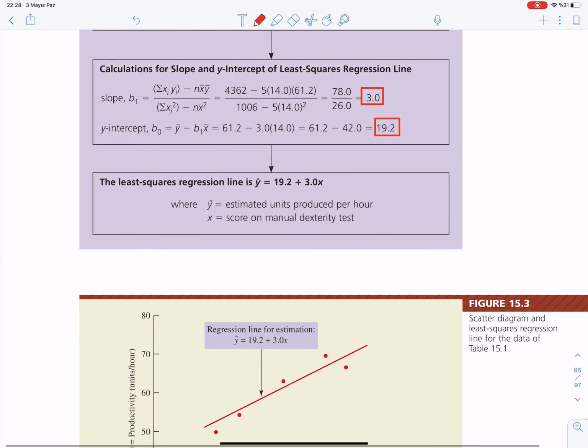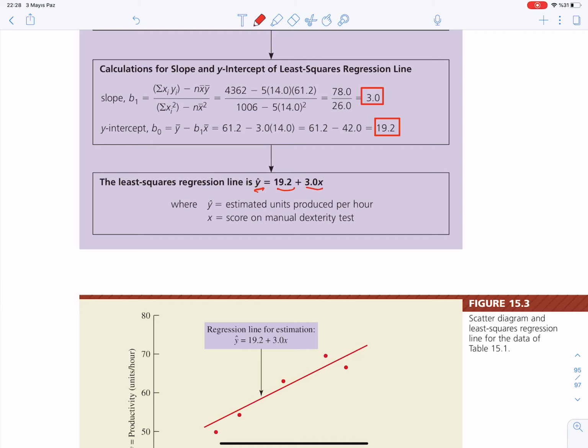So the least squares regression line becomes y hat equals 19.2 plus 3 times x.